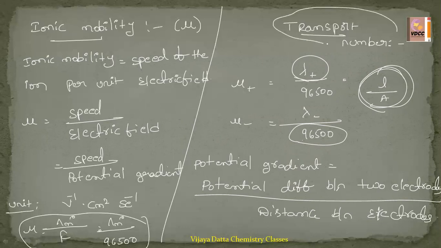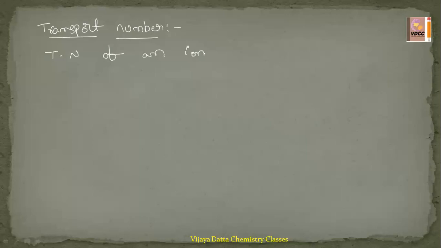Now come to the next one, the transport number. What is meant by transport number? It is the number of ions actually. The transport number of any ion is the fraction of the total current carried by that ion.